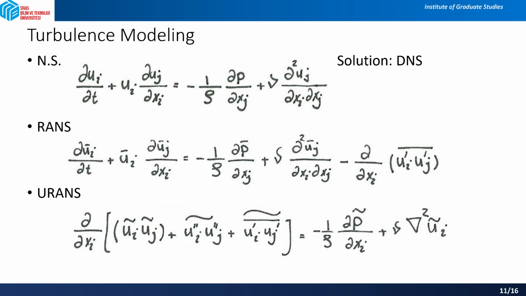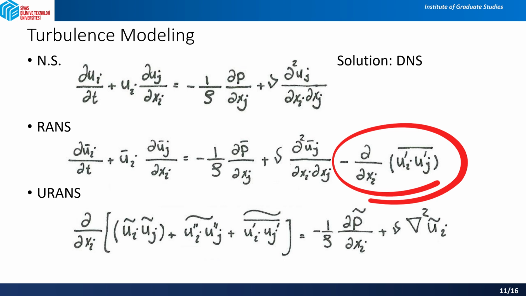When you average the Navier-Stokes equations, you get RANS equations. What are RANS equations? Reynolds averaged Navier-Stokes. Reynolds averaged means that you use Reynolds decomposition inside the Navier-Stokes equations and come up with only the averaged values. And the additional terms in RANS that I was talking about are these terms.